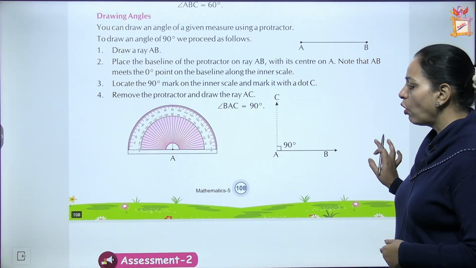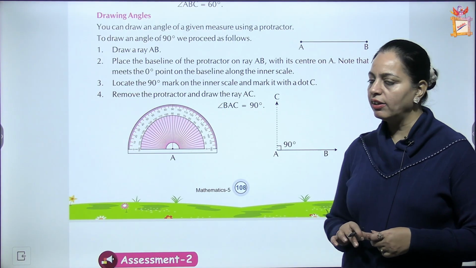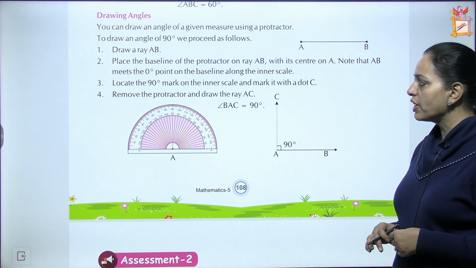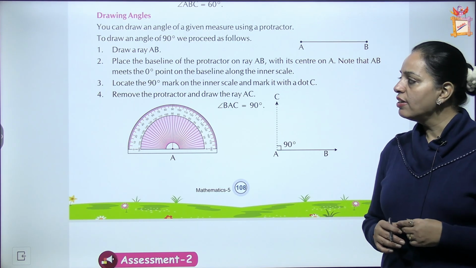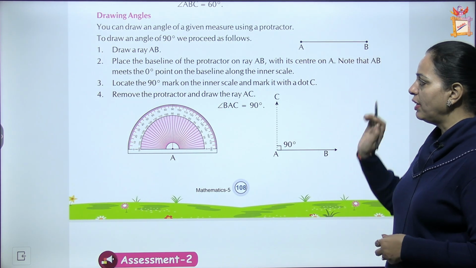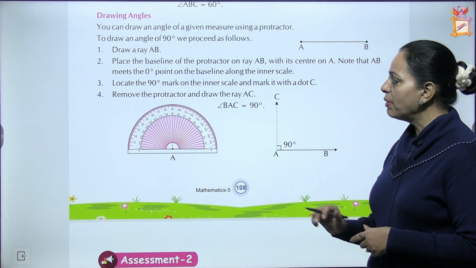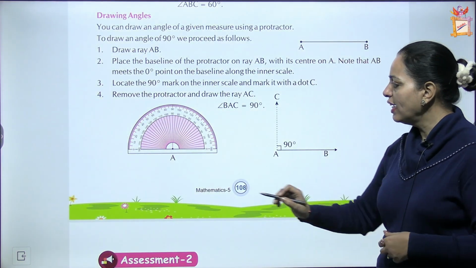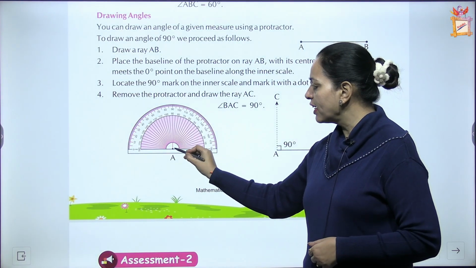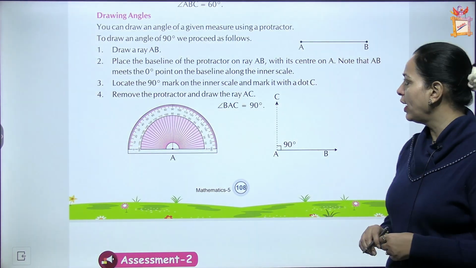Now how can we draw angles? You can draw an angle of a given measure using a protractor. To draw an angle of 90 degrees, how can we do it? First, draw a ray AB. Now place the baseline of the protractor on ray AB with its center on A. We will place the center on A and the baseline on AB.